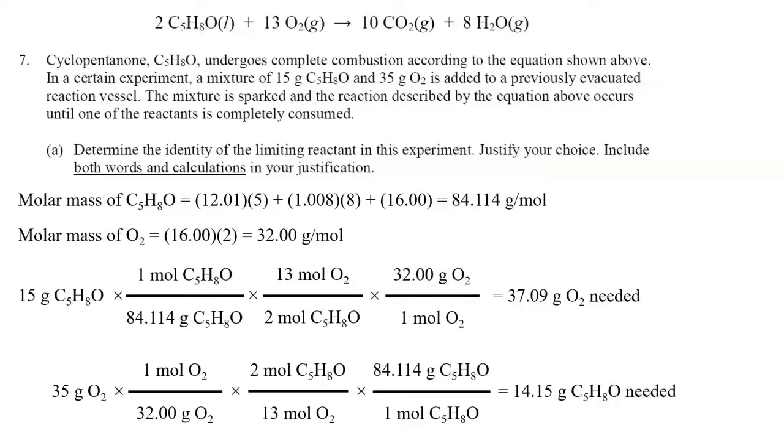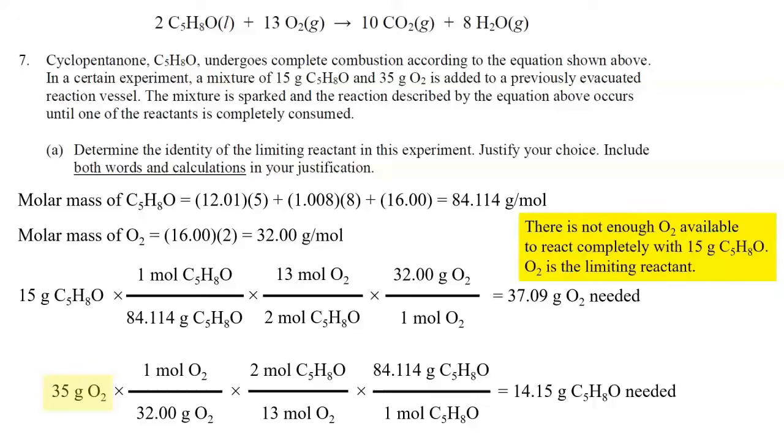Now that we've done the stoichiometry calculations to convert grams of each reactant into the other reactant, let's compare how much is needed with how much is available. So I start with 35 grams of O2, but 37 grams of O2 is needed, so there is not enough O2 available to react completely with all of the cyclopentanone.